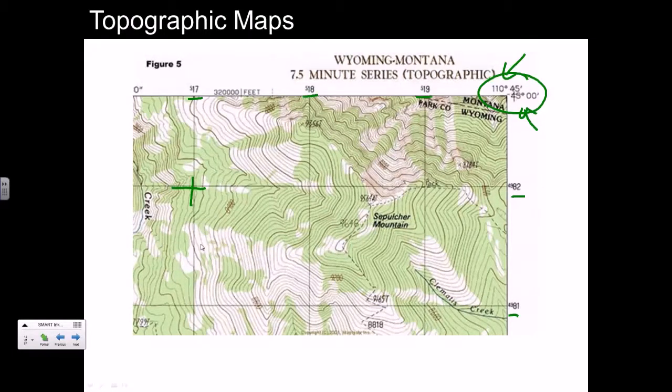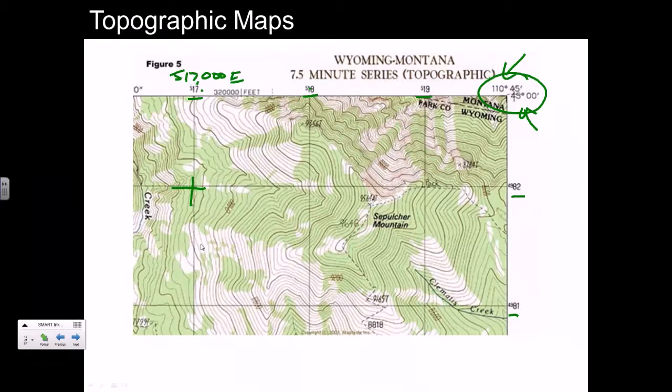However, these are abbreviated, so I need to write this out. This actually needs to have 3 zeros added to it. So in this case, it's 517,000 meters, and now we know it's 517, 518. So it's to the east.